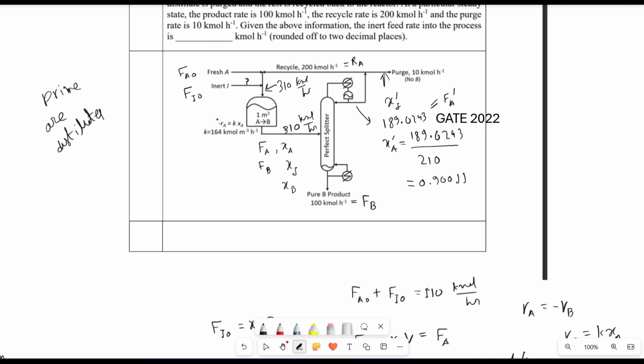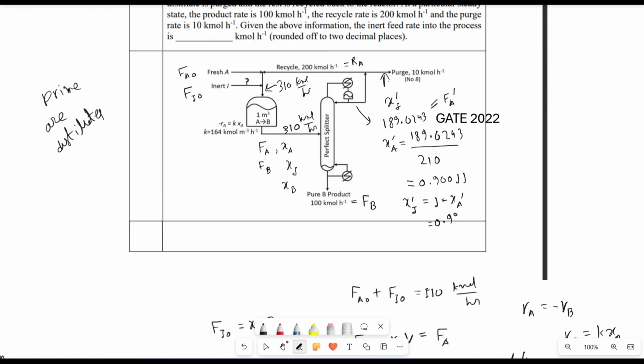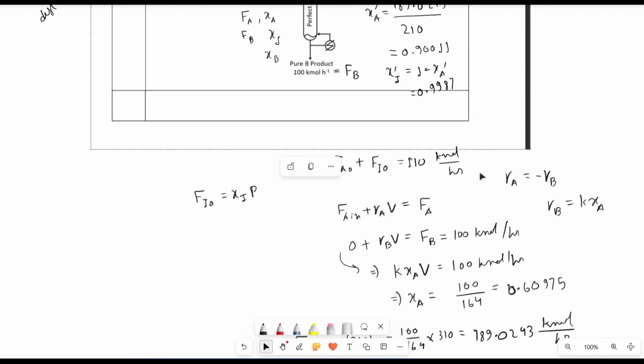Here only A and inert are recycled, so X I prime would be 1 minus X A prime, which is equal to 0.09987. So we get X I prime.